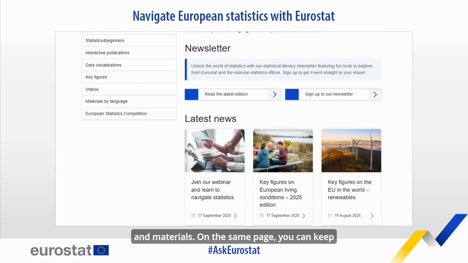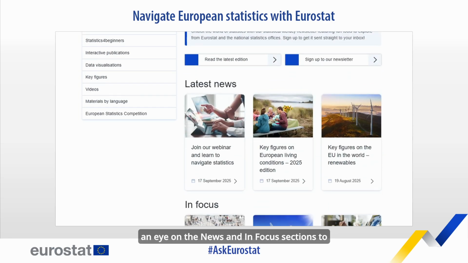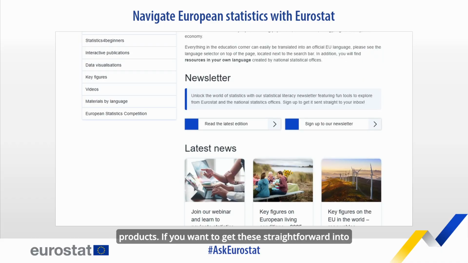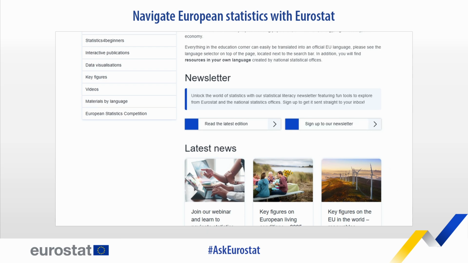On the same page, you can keep an eye on the news and in focus sections to keep up to date on interesting and relevant products. If you want to get these straight into your inbox, you can also sign up to our statistical literacy newsletter. My colleague Kathleen will tell you more about this later.